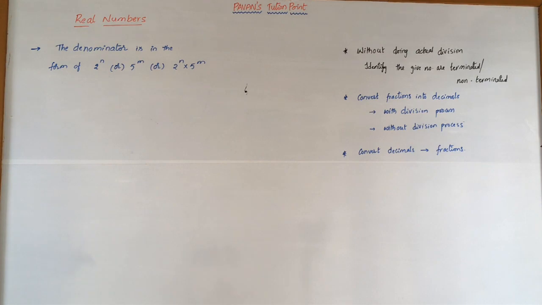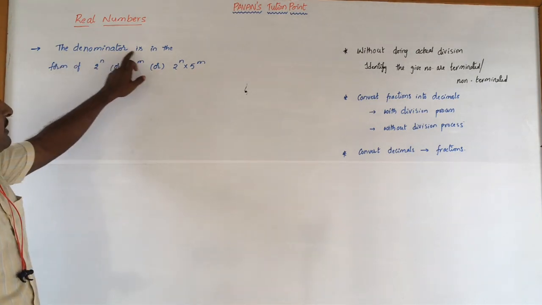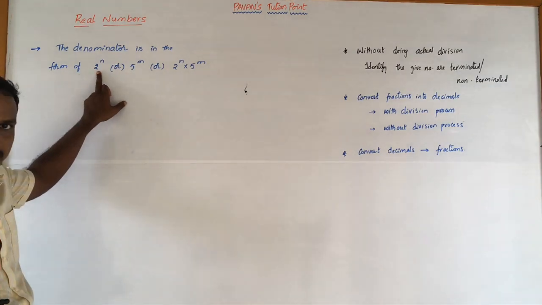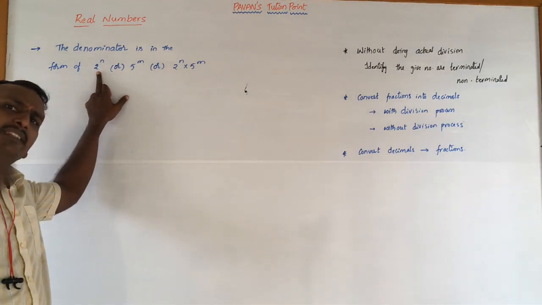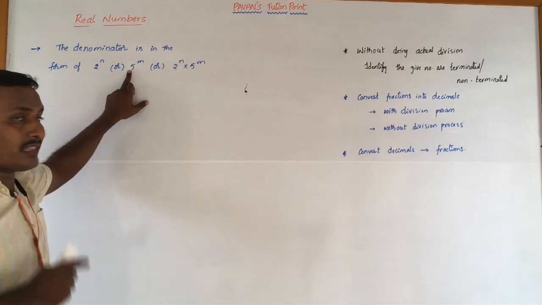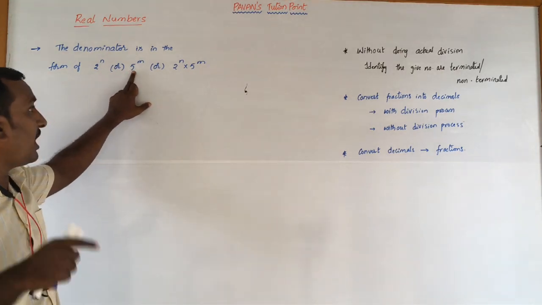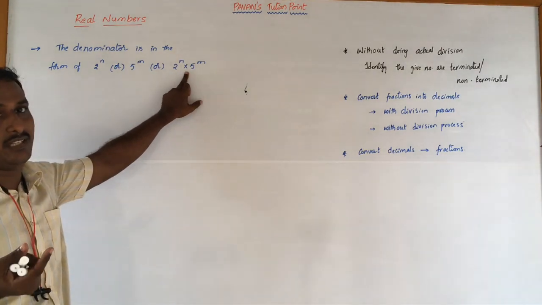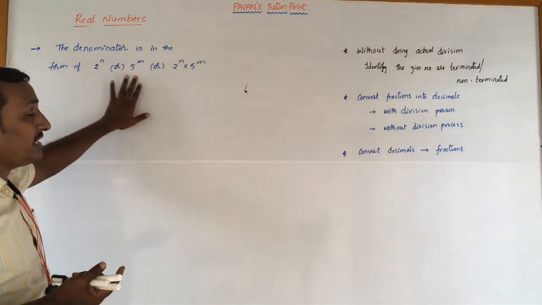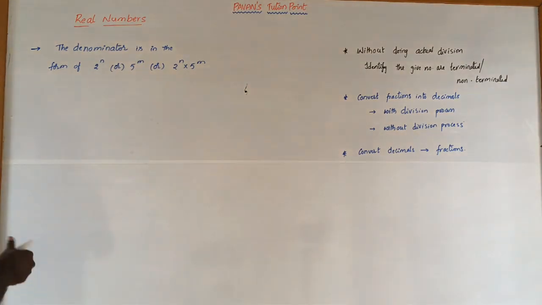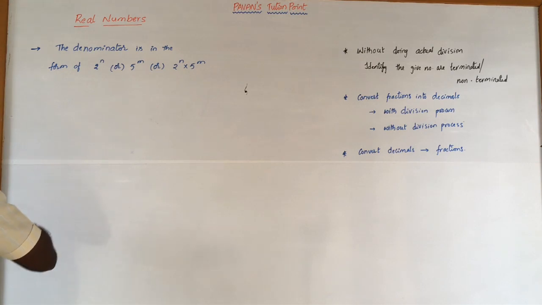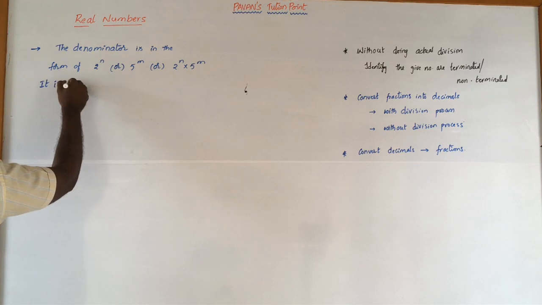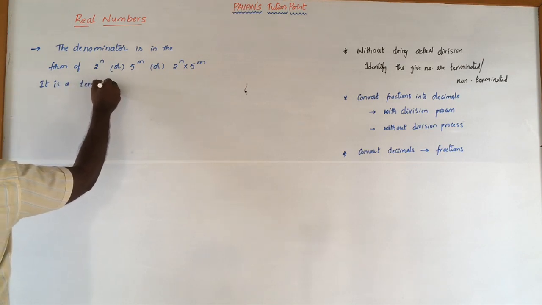That is, the denominator is 2 to any power, or 5 to any power, or 2 to any power and 5 to any power. If it is like that, it is a terminated decimal.